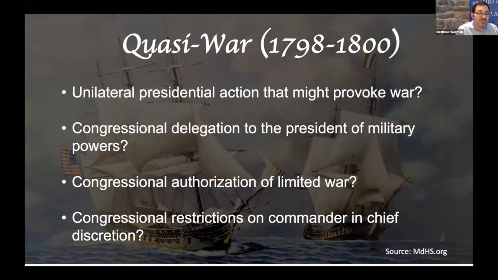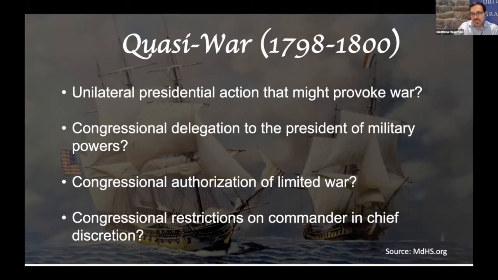The fourth question is sort of a flip side of the third. If Congress authorizes some limited conflict or puts limits on how military force might be used, does that unconstitutionally intrude on the president's powers as commander-in-chief? If the commander-in-chief is meant to be the top military commander, can Congress say, well, okay, you can use force, but only up to this geographic area?